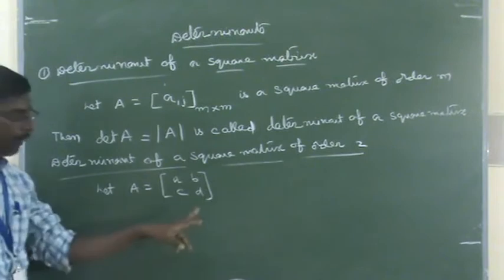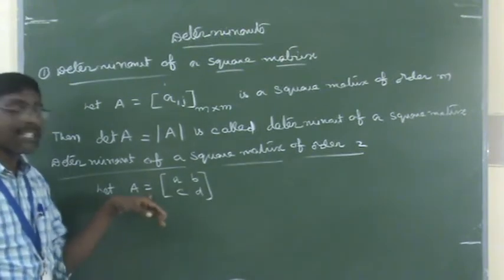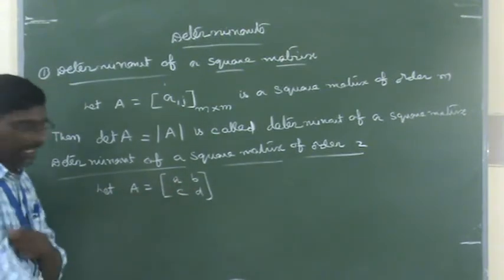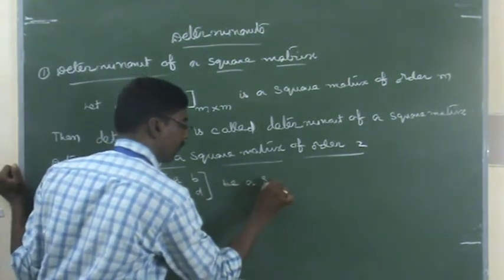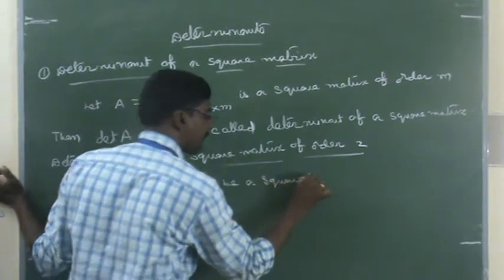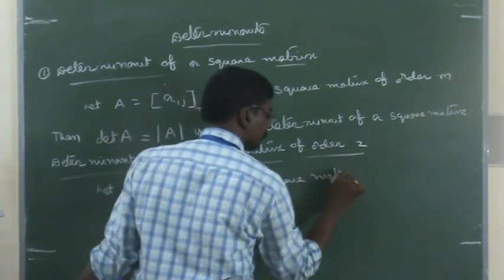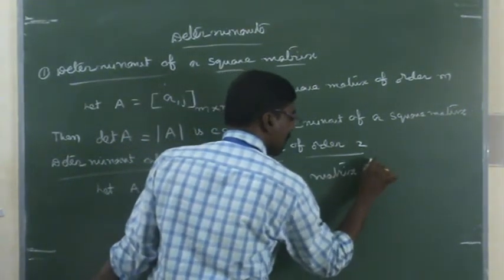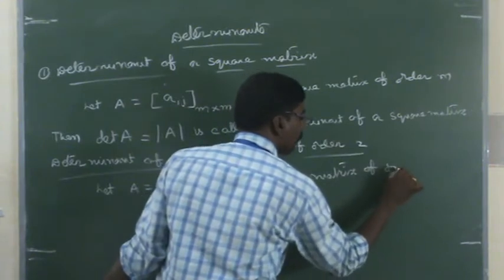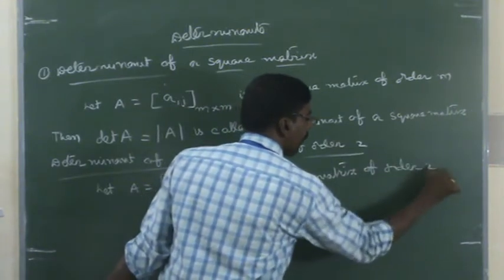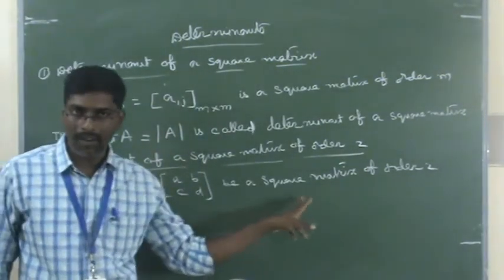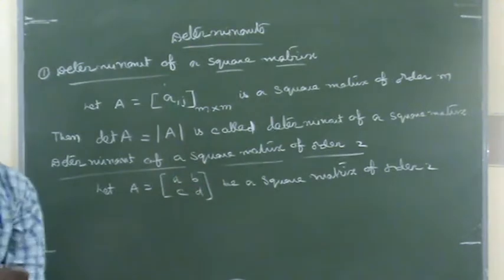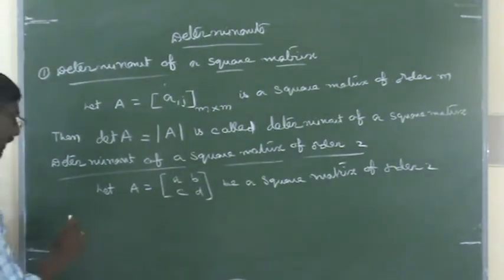Let this matrix be a square matrix of order 2. Order 2 means 2 by 2. Square matrix means the number of rows and number of columns are equal.